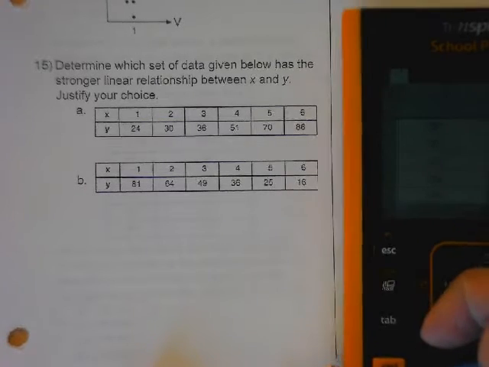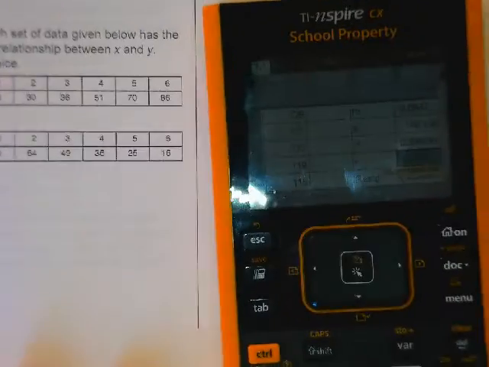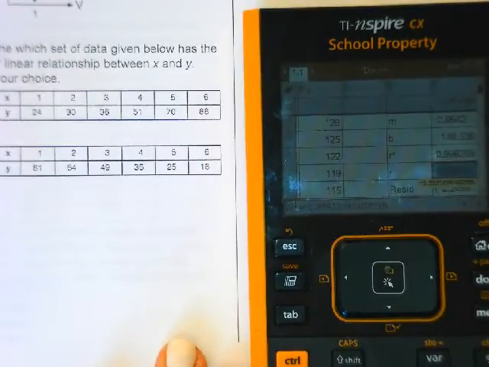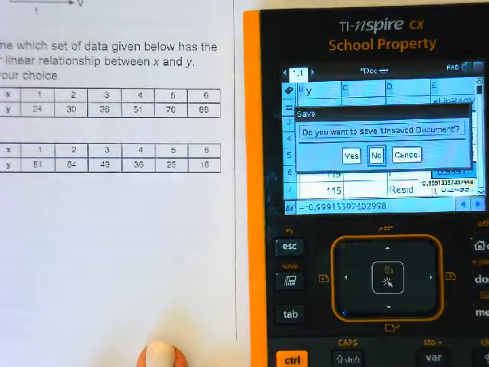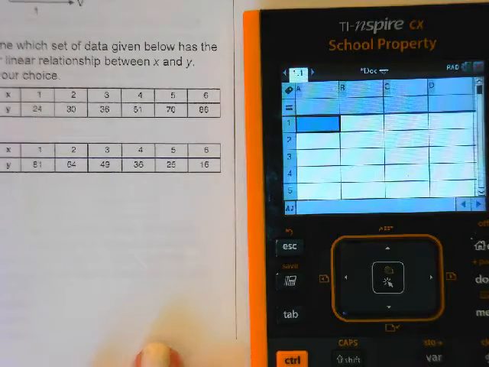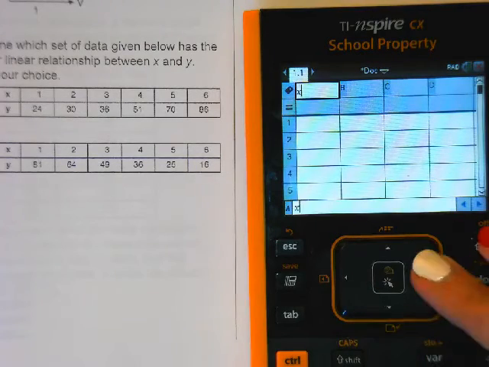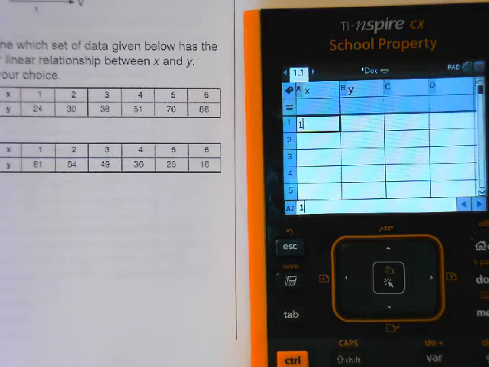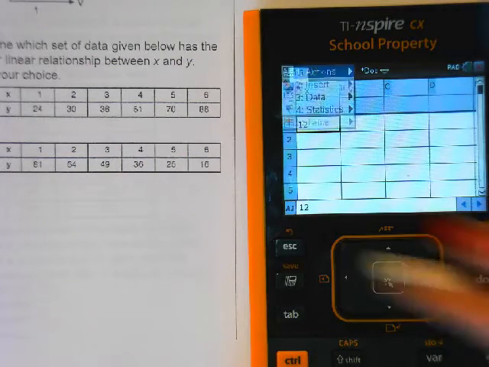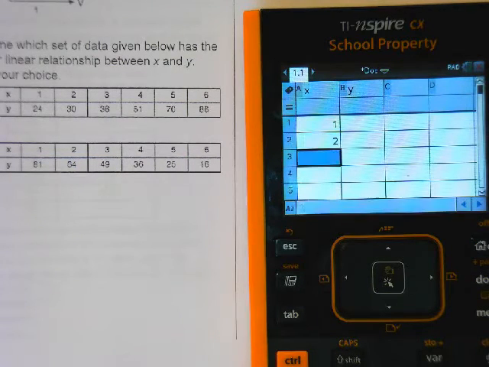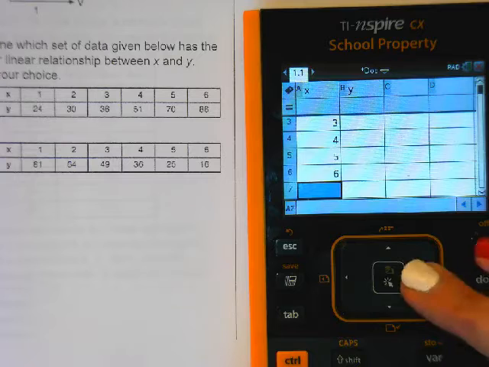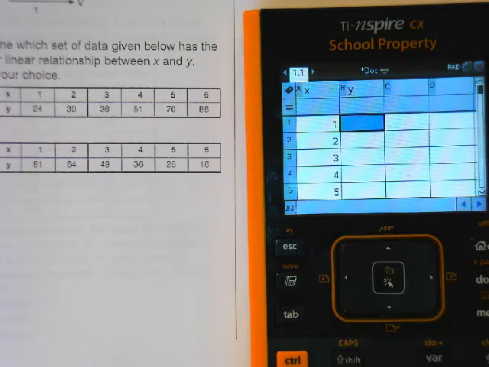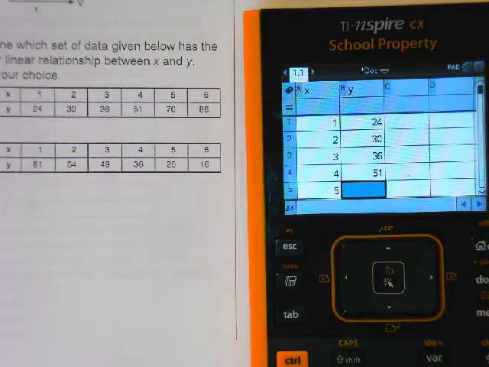So what you're going to need to do is start a new document. You need to put your X and your Y in here, and you're going to have to find your R for each of these tables. I'm going to give you a few minutes to do that. Try this one on your own and we'll come back together and see how you did.